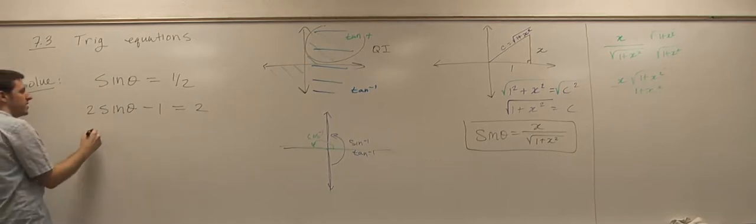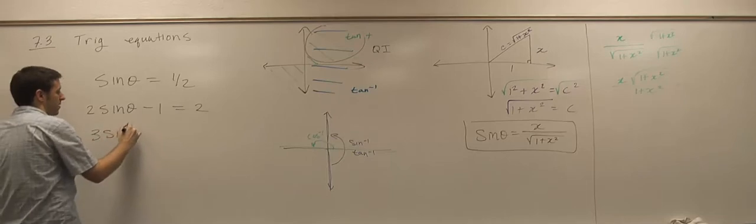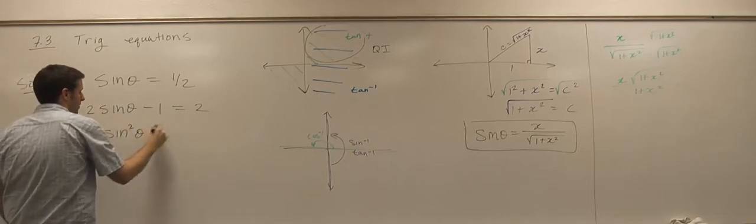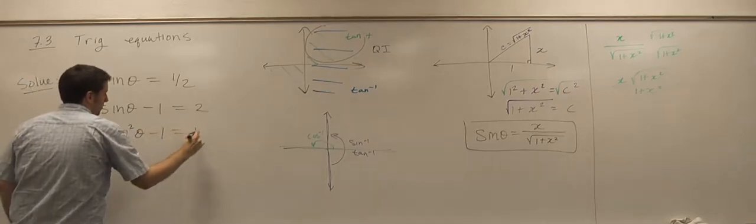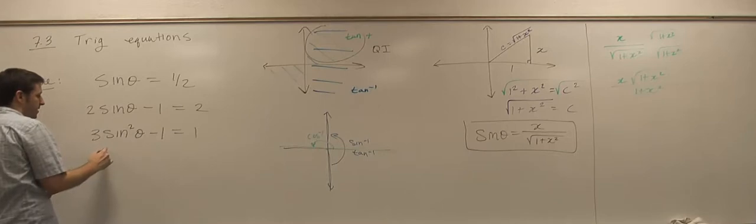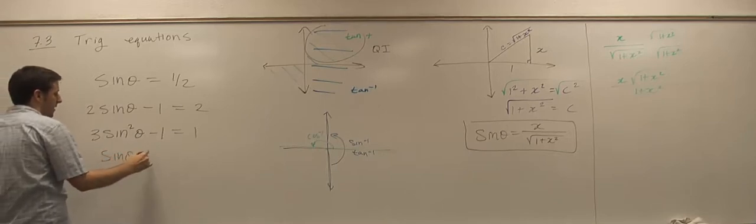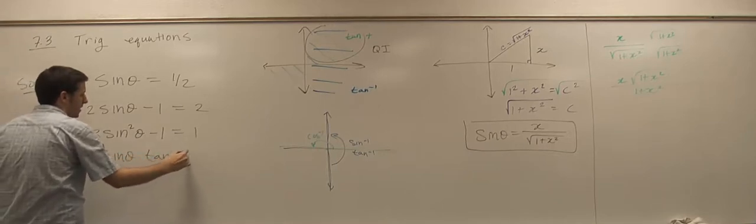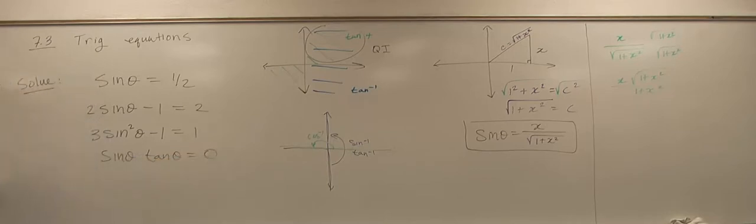Or we can put squares in there. And we can mix some tangents in. Maybe sine theta times tan theta equals 0. So we want to be able to solve different types of trig equations.